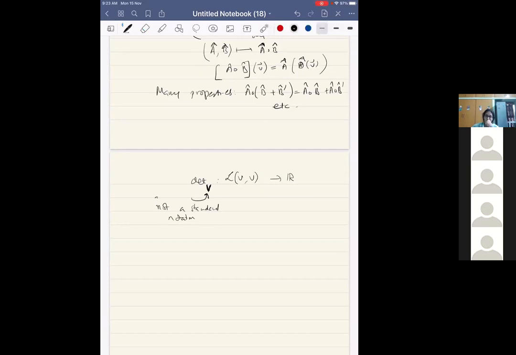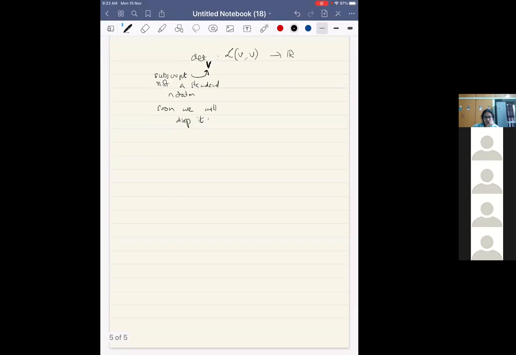So soon we will drop it. We will define it in a moment, but the important thing is you should remember that det_V of A hat composed with B hat is det A hat into det B hat. So here it's composition, and here it's multiplication of real numbers.